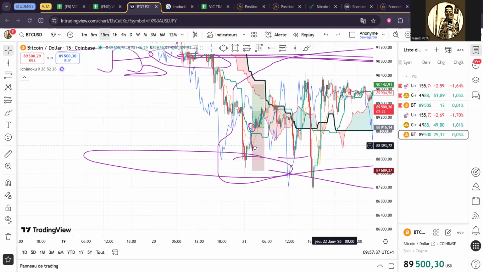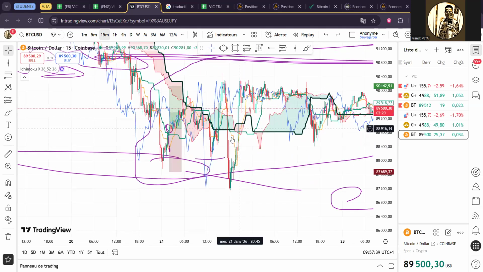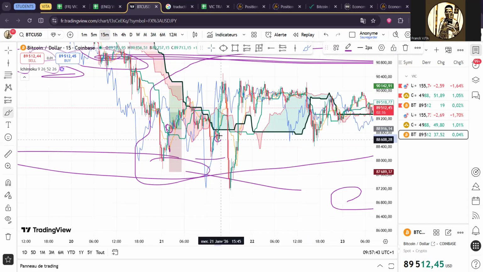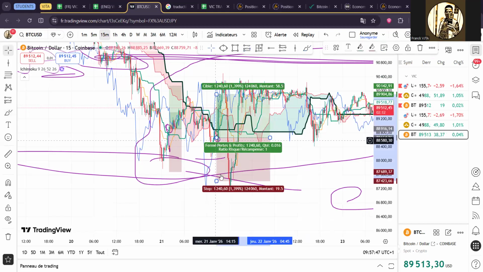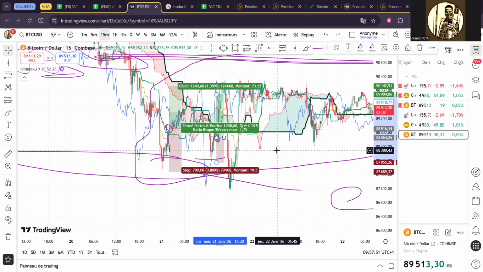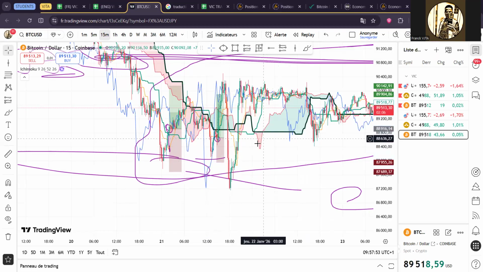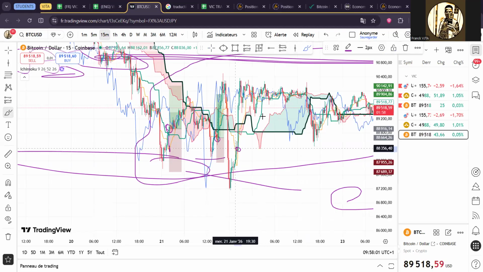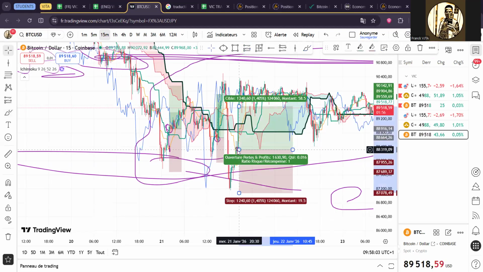And it happened twice. Even 3 times. You also have this Tenkan bending to the upside also here. And then you also have this Tenkan bending to the upside somewhere here. It happened like 3 times.